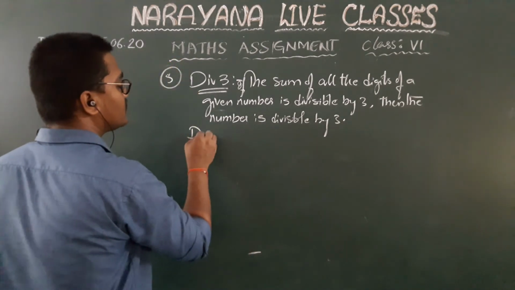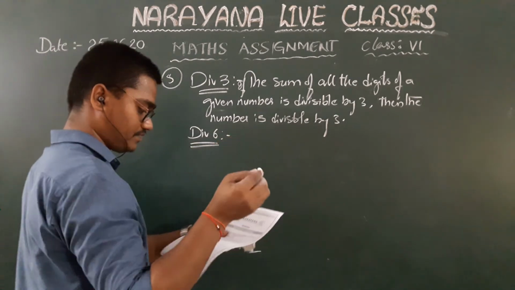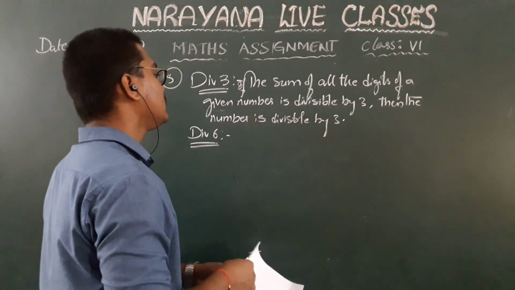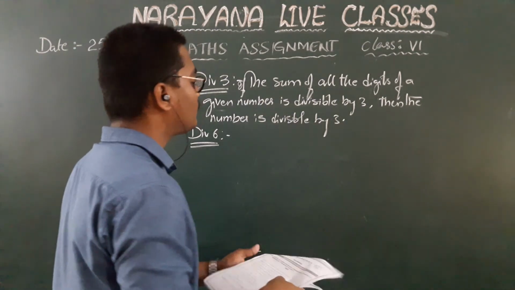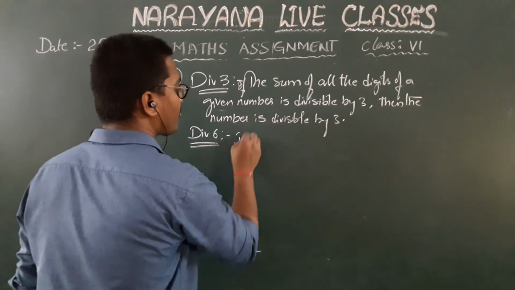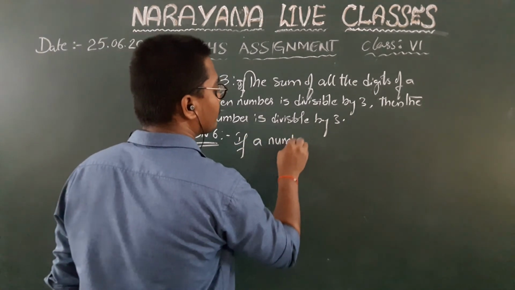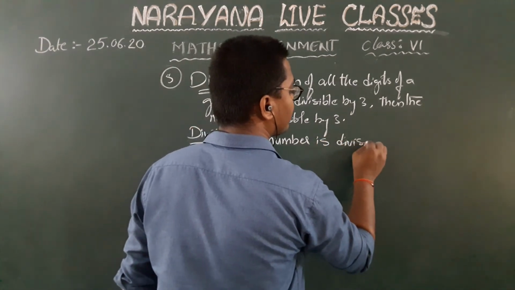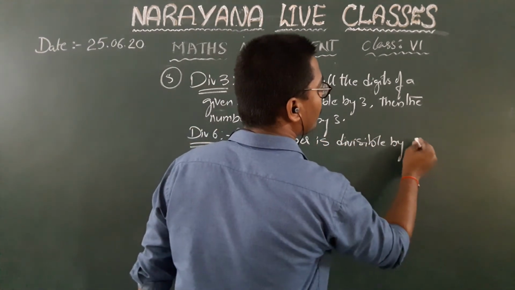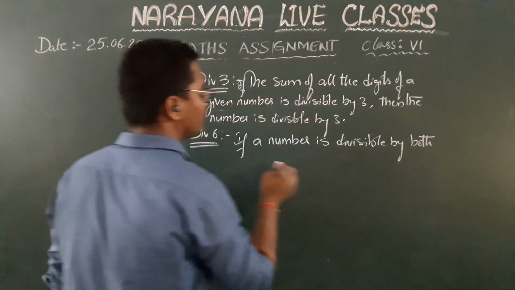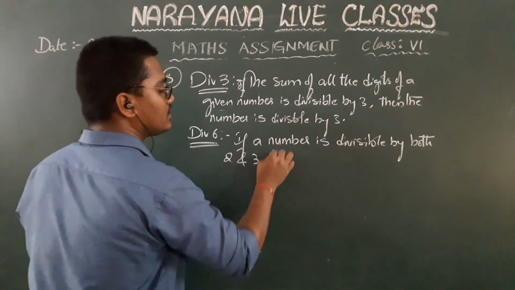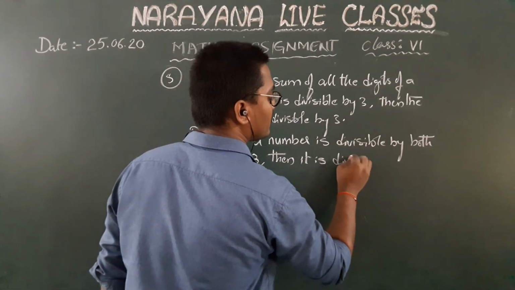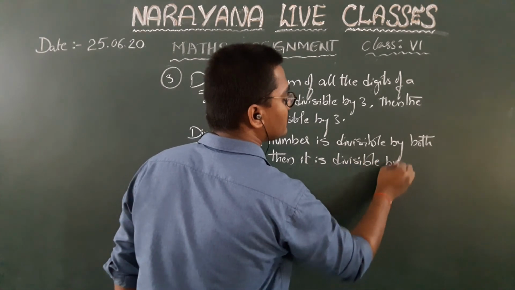Now, coming to the divisibility rule for 6: it should satisfy both conditions, both 2 and 3. If a number is divisible by both 2 and 3, then it is divisible by 6.